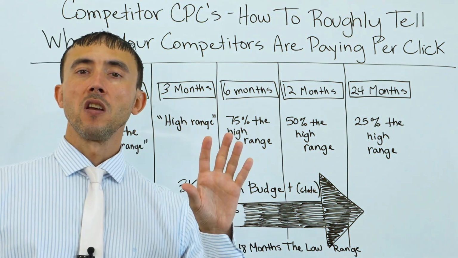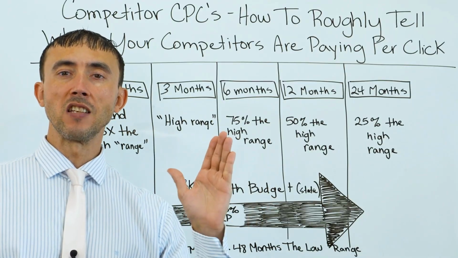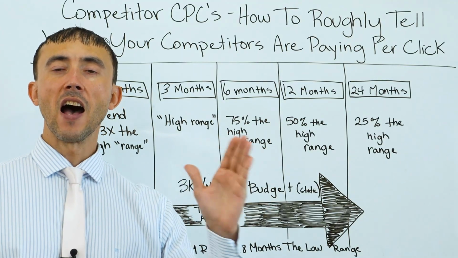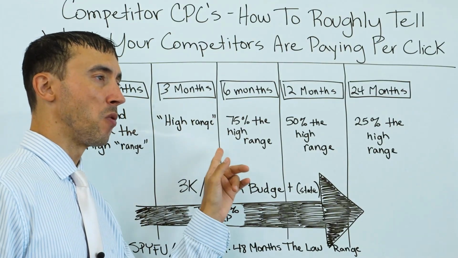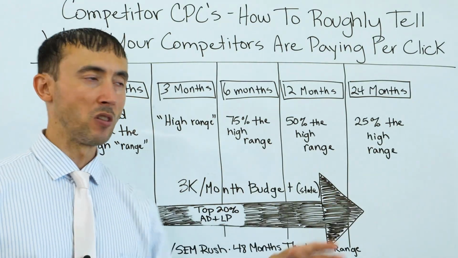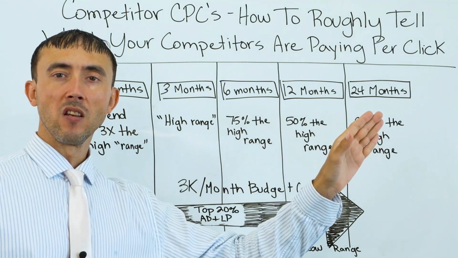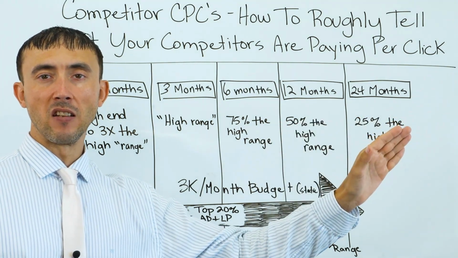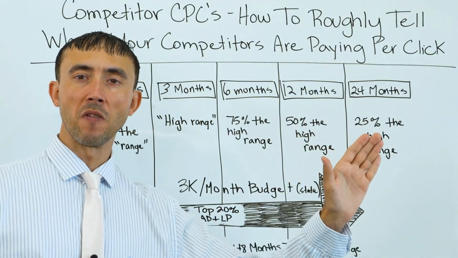In other words, if the low end of the range that Google's telling you for a keyword is $1 per click, and the high end of the range is $10, by the 6 month mark for that keyword, they're likely going to be paying $7.50. So it's 75% of the distance between the low and the high, if that makes sense. I didn't know how else to word that, but that's essentially what I'm trying to convey here.